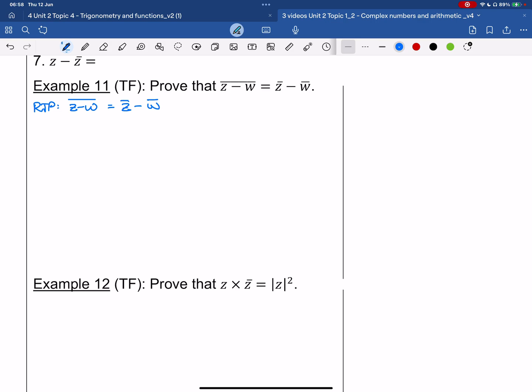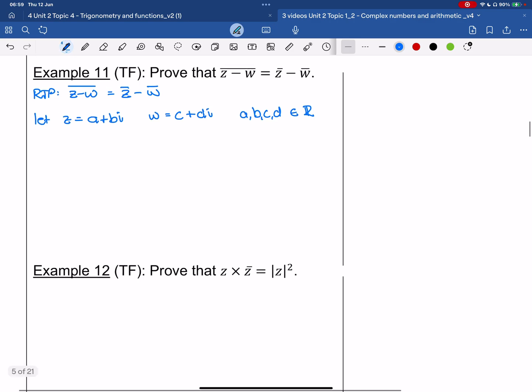And to do that, we're going to create a couple of complex numbers. So let's let z equal a plus bi, and we'll let w equal another complex number, c plus di. And we need to say that a, b, c, and d are all real numbers.